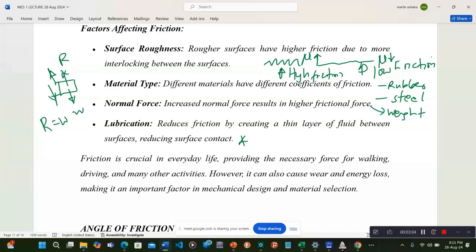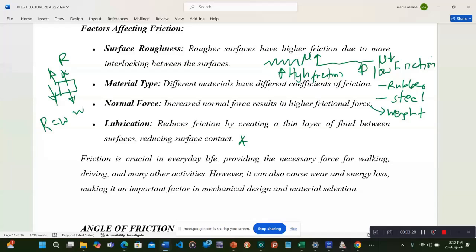You will find there is a lot of noise coming from the one which is not lubricated, and the other one, which is lubricated, is having a cooler and silent operation. So these four factors are very important: surface roughness, material type, normal reaction, and lubrication.